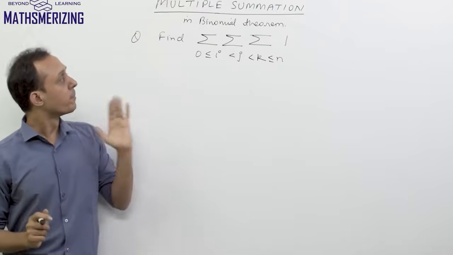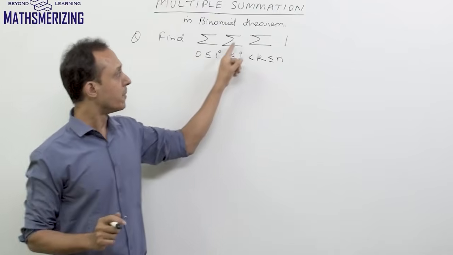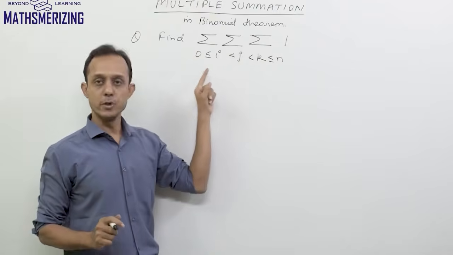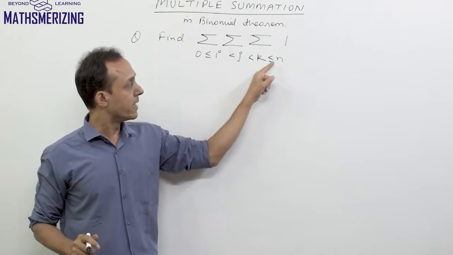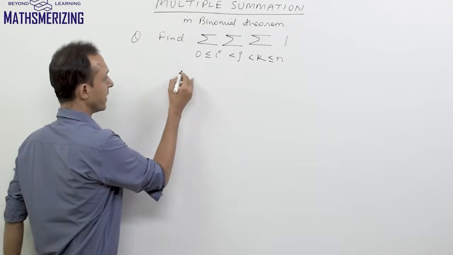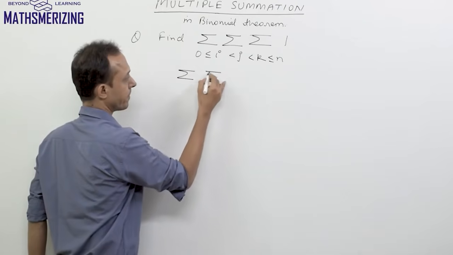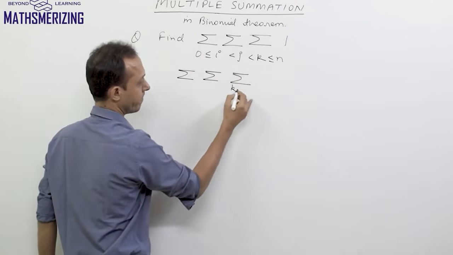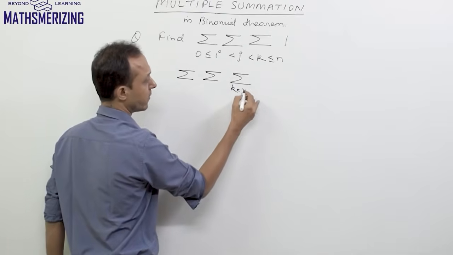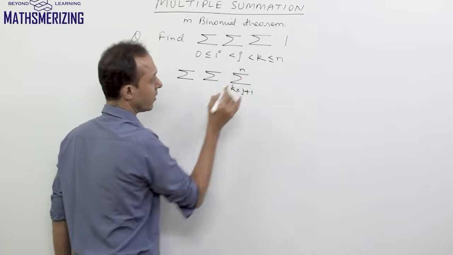So let us take up another problem in triple summation, and that is triple sum of 1 when i is greater than or equal to 0, j is greater than i, k is greater than j, and k is less than or equal to n. So I'll write it as summation. Now this value of k should be greater than j, so it'll start with j plus 1 and go all the way up to n.